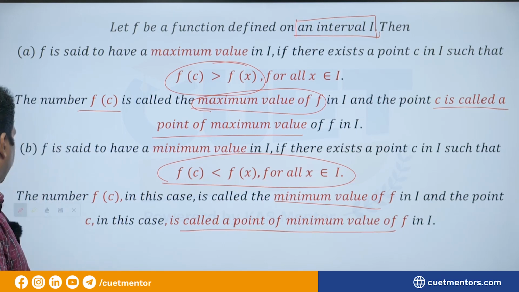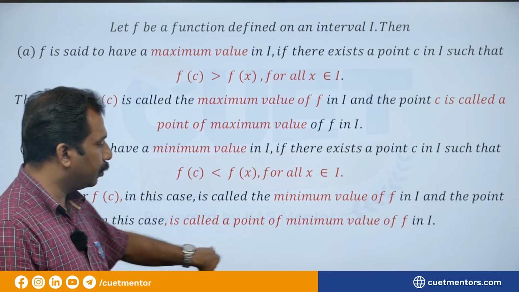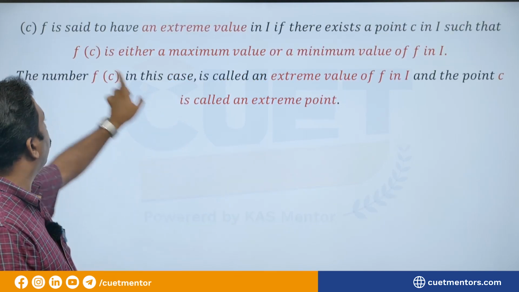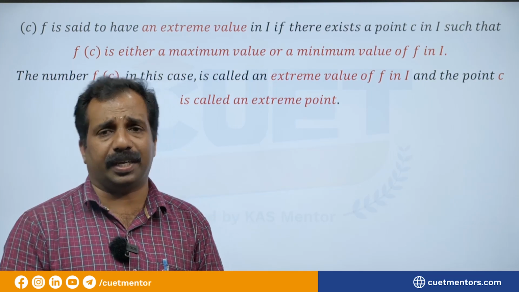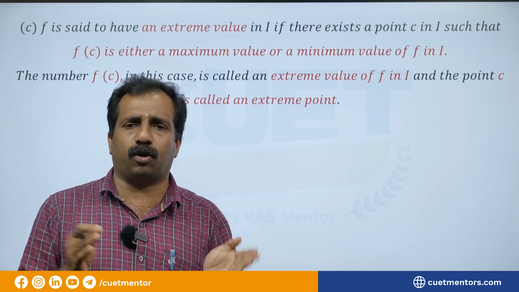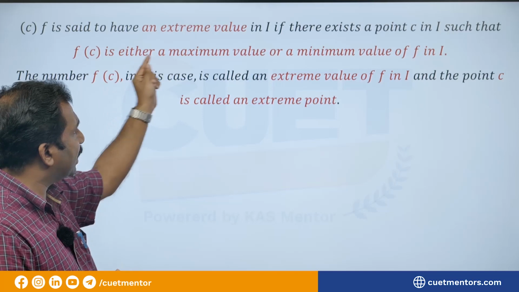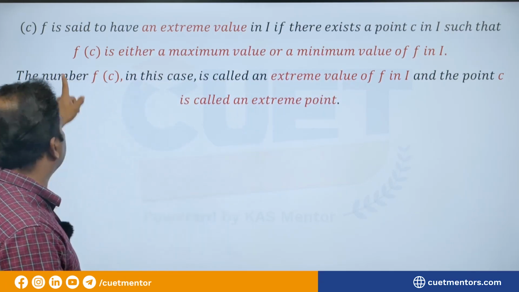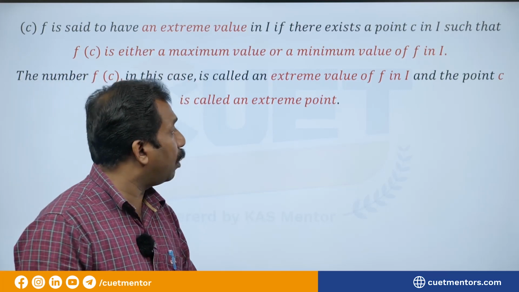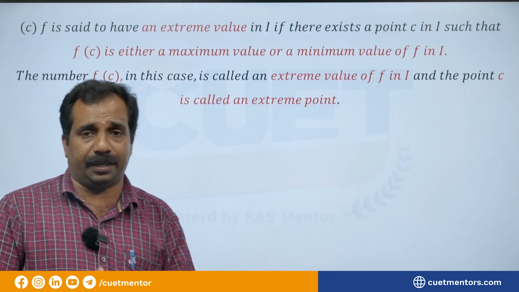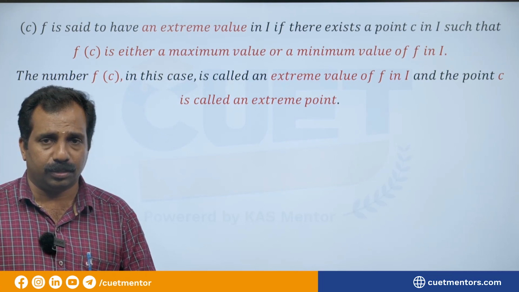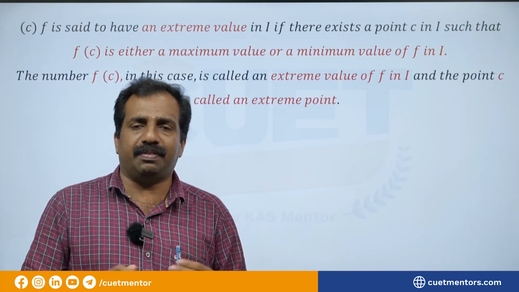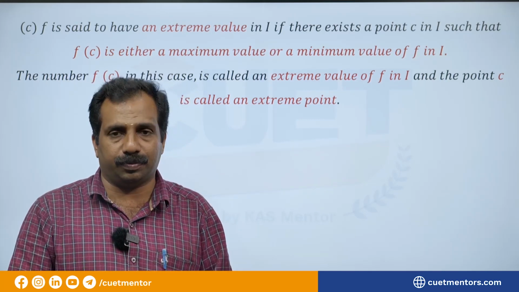Now, one more point is there. f is said to have an extreme value in I. Extreme means it can be maximum or minimum. f is said to have an extreme value in I if there exists a point C in I such that f of C is either a maximum value or a minimum value of f in I. So if a function f has a maximum or minimum value, then we can say that it has an extreme value.